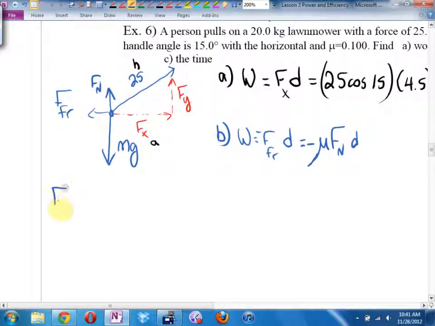I know that the normal force plus Fy cancels out gravity, right? So the normal force is mg minus Fy.